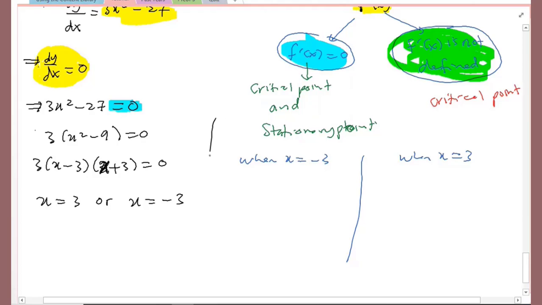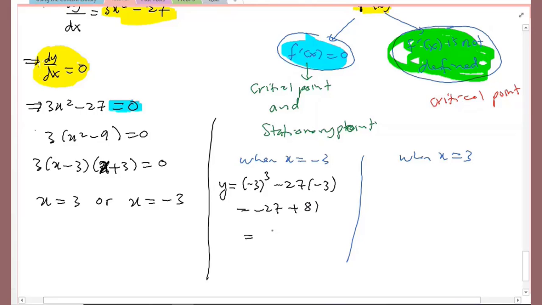Substitute into y is equal to negative 3 cubed minus 27 times negative 3. This is negative 27, right? This is 81 ke? Carikan. 81 minus 27 dapat apa? 54 ke apa?